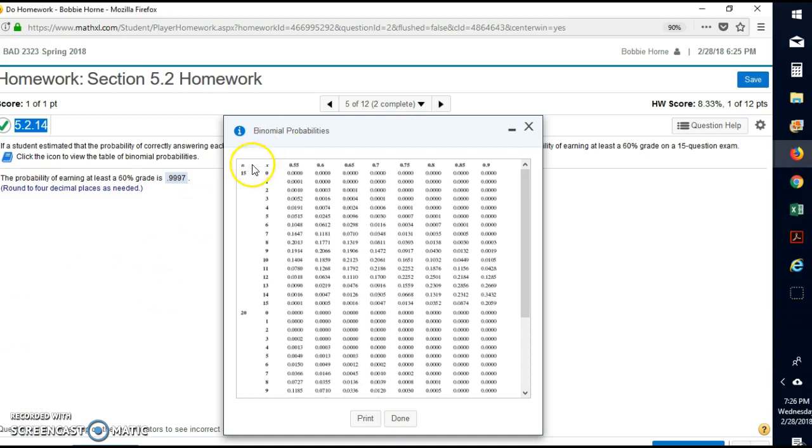You can already see on the probability table, N is 15, and so this is where we want to look.